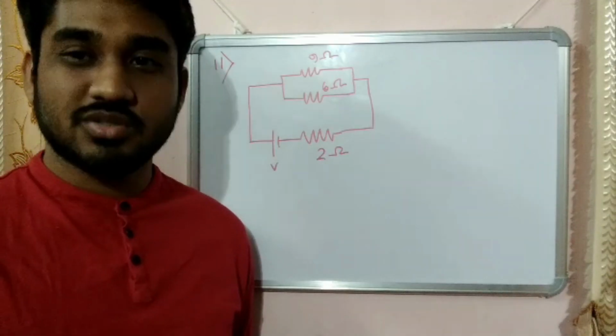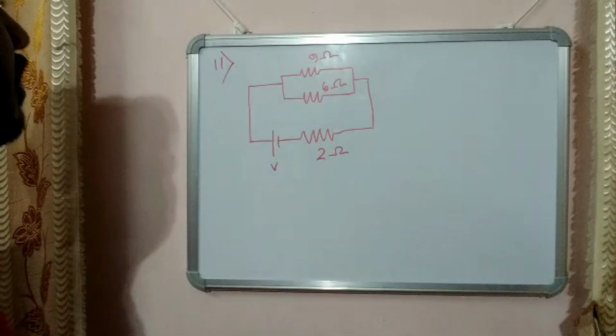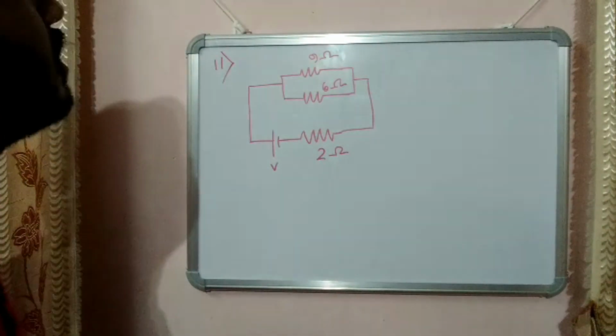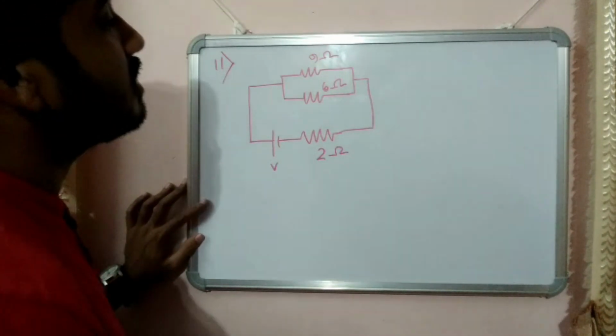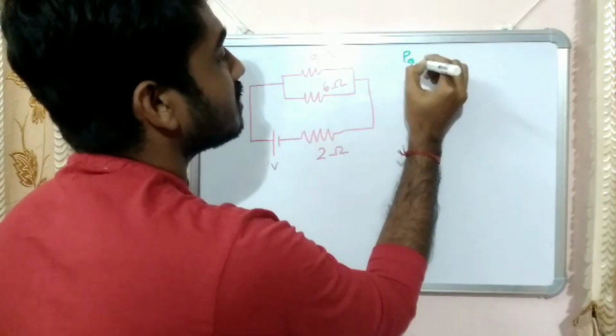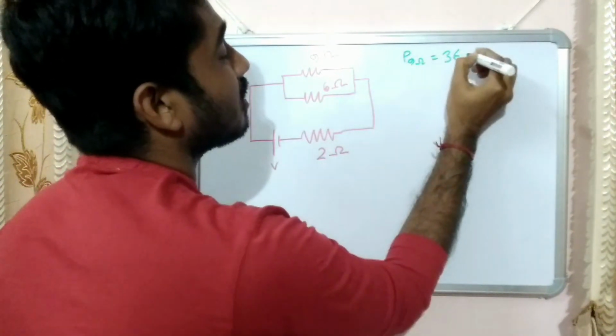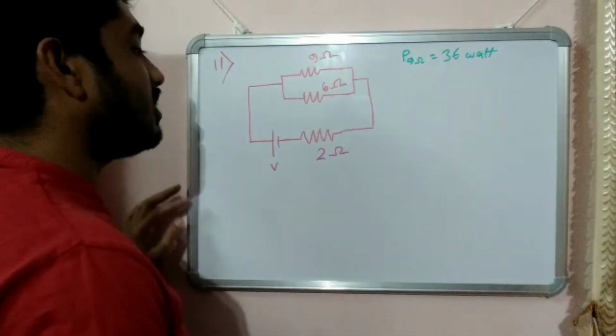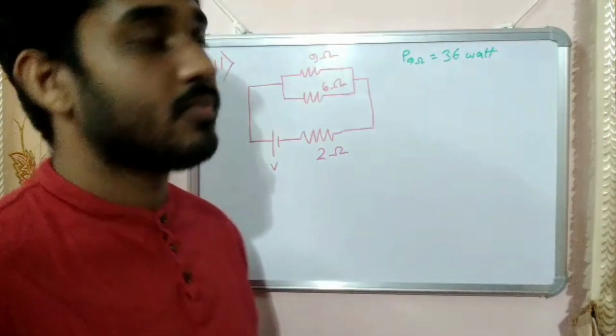And now this is a bonus question for you. One important question. In the question it is given that the power in the 9 ohm resistance is 36 watt. So what is the potential in the 2 ohm resistance?